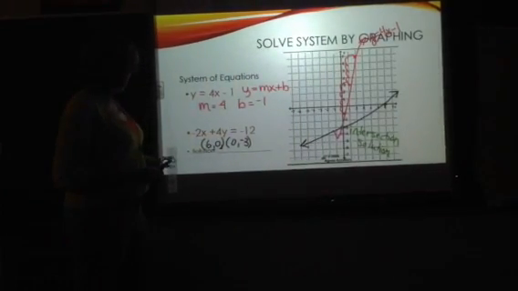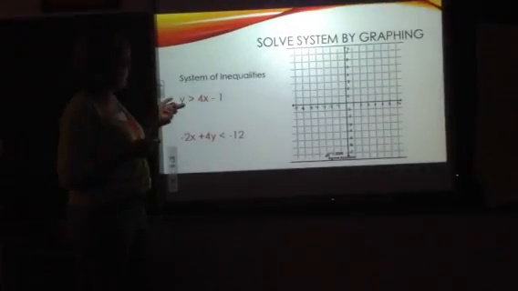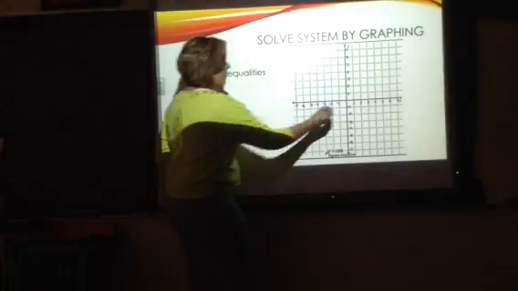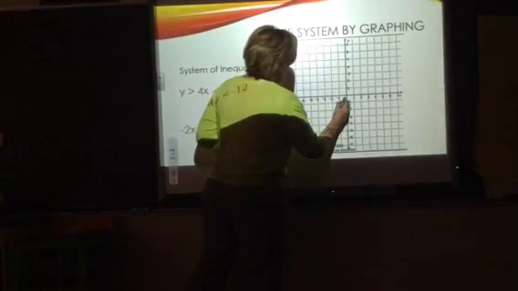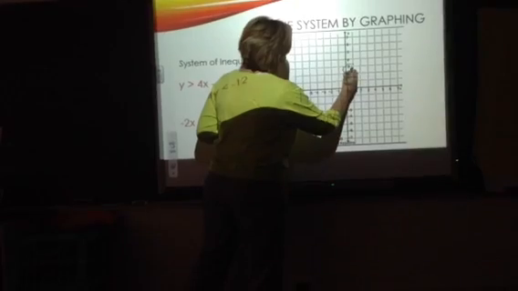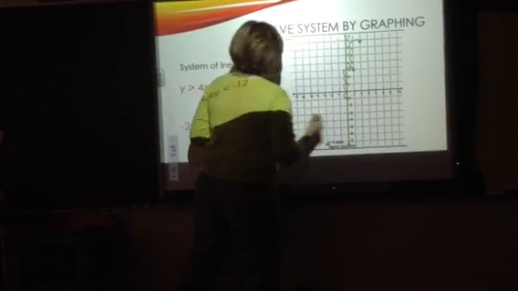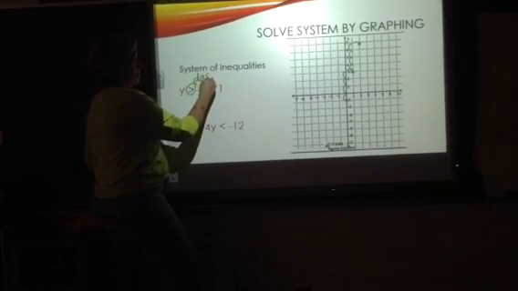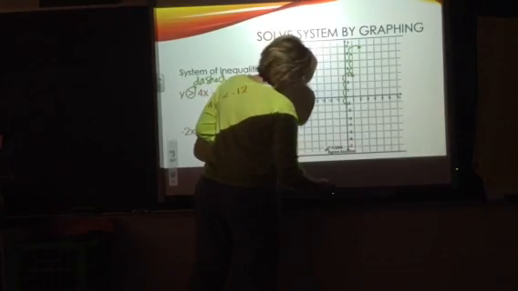Okay? And now we're going to do this same process using the inequalities. Again, I'm going to graph this using the slope-intercept form. My intercept is -1. I have a slope of 4. 1, 2, 3, 4 over 1. Check and see, since this is an inequality, do I have a solid line or a dashed line? Greater than tells me I need to have a dashed line.